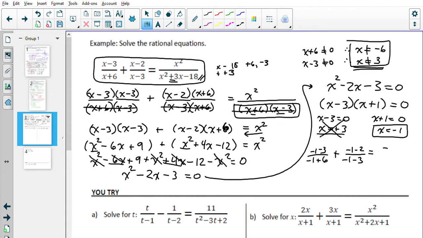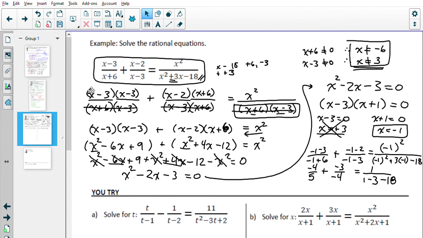And then you have negative 1 squared plus 3 times negative 1 minus 18. So here I have negative 4 over 5. Here I have negative 3 over negative 4. And on the other side I have 1 over 1 minus 3 minus 18.